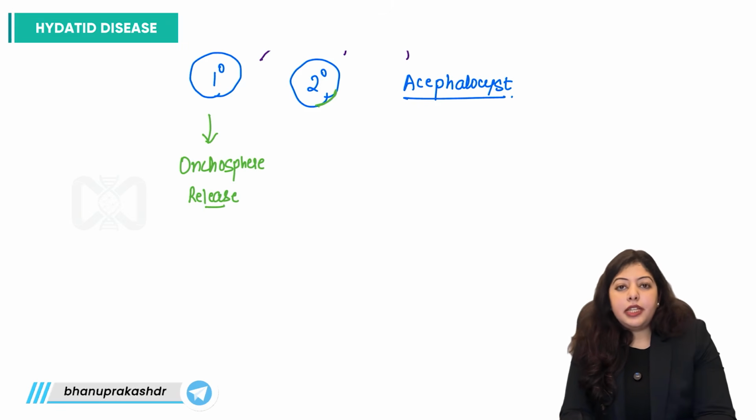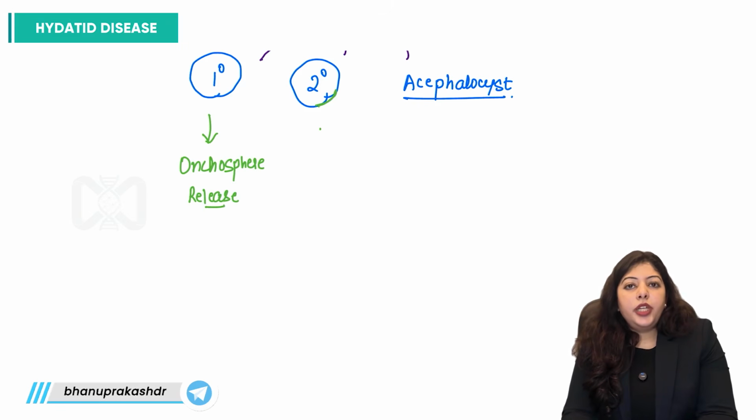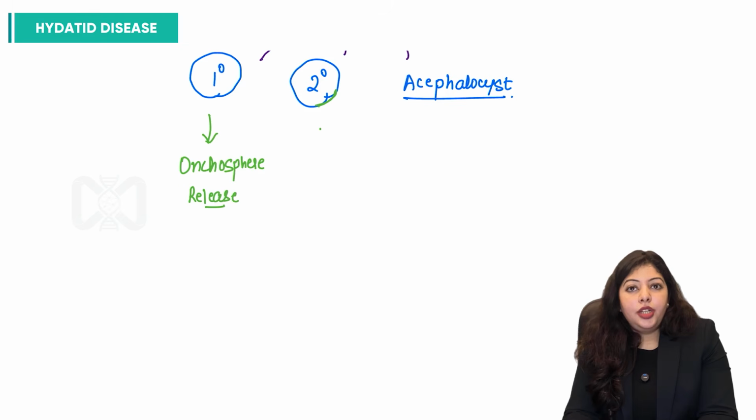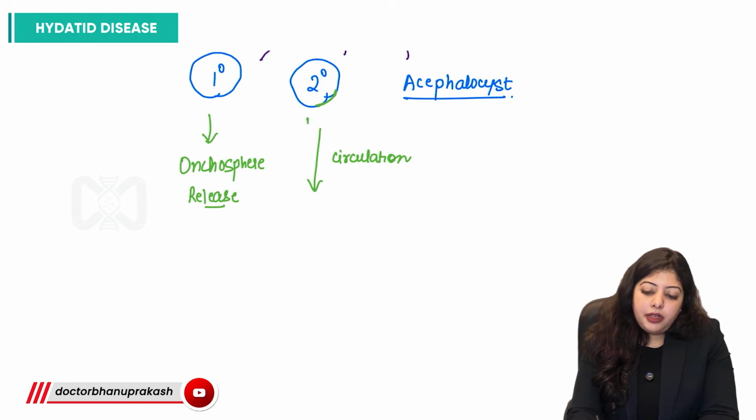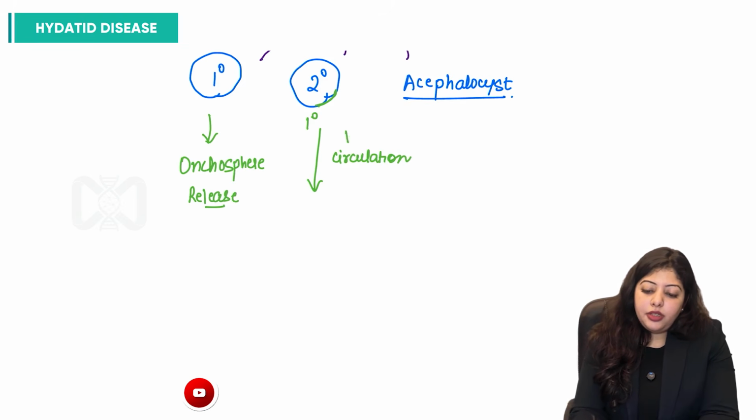Secondary cysts develop when there is a rupture in the primary cyst which has already developed, and because of that rupture, these cysts tend to move towards other organs and are taken via circulation to different organs.